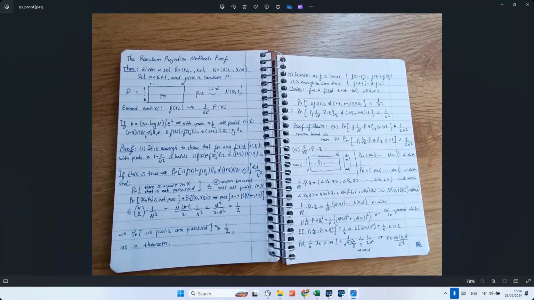What does it look like? So we started from a matrix P, right? It's a random matrix. It has k rows and d columns. And we have this fixed vector Z. So it has coordinates Z1, Z2, and so on, fixed, doesn't matter what. What matters is that it has norm 1. What happens when we multiply P with Z? So let's denote the rows of matrix P by P1, P2, up to Pk.